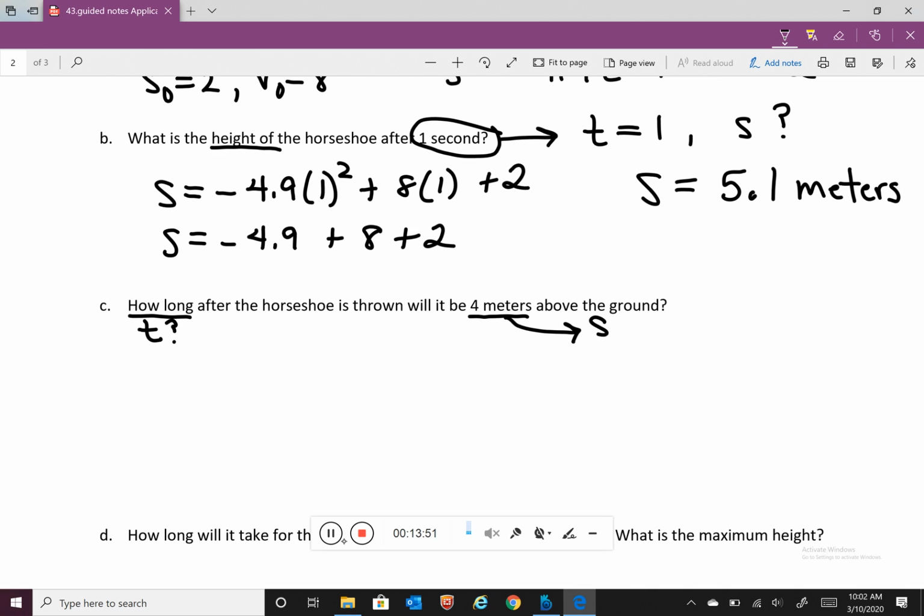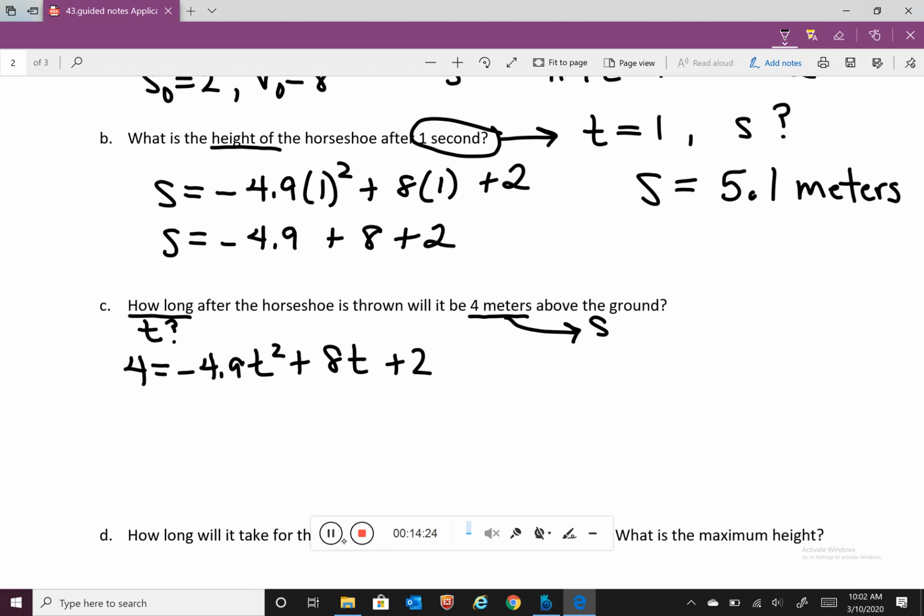So using our equation, we have 4 is equal to negative 4.9 times t squared plus 8t plus 2. And we're going to set this equal to 0. And I'm actually going to choose, because this is a negative 4.9 times t squared, it is easier for us to use our quadratic formula with a positive a.